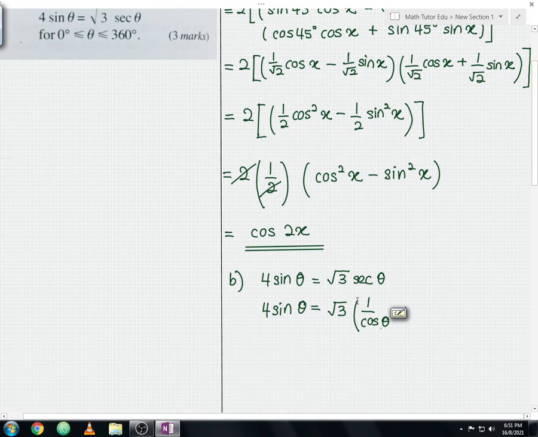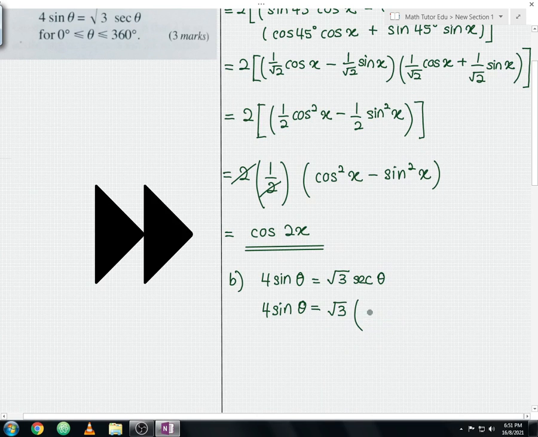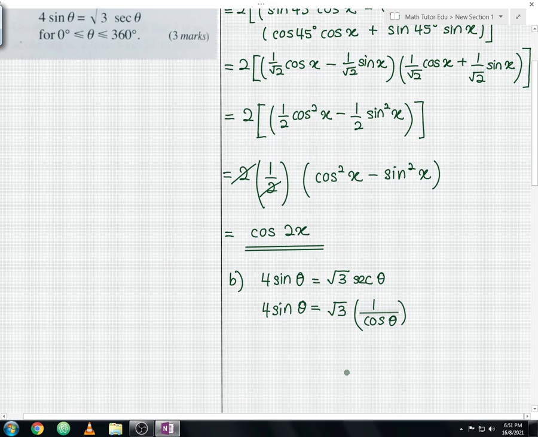Let me write this properly. So from here, for the next step, what we're going to do is we're going to times cos theta in the both side. So from here, you times the cos theta by both sides.